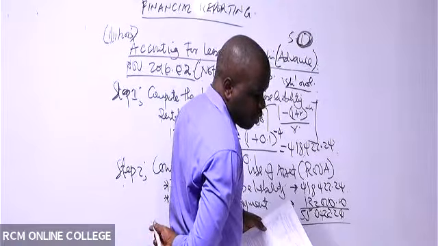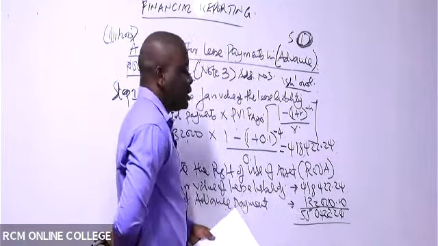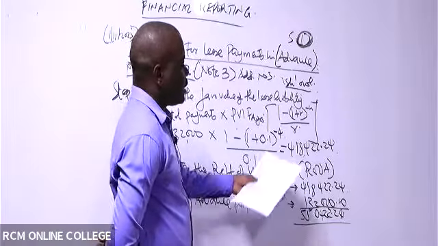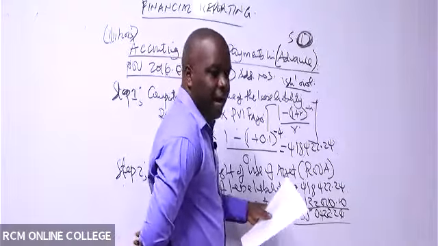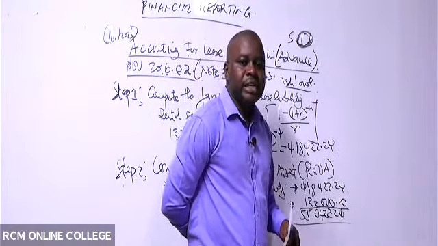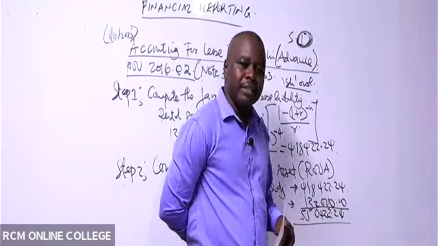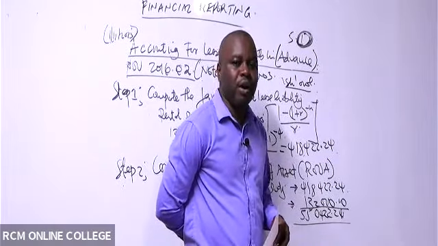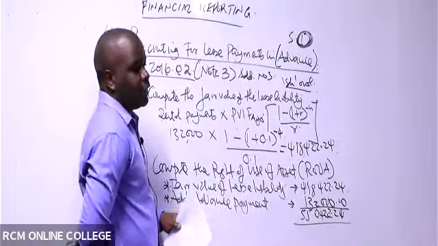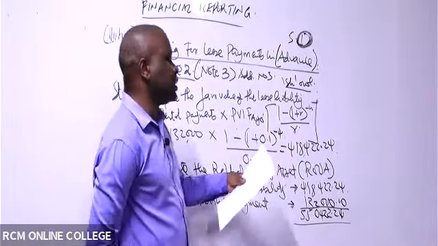If you are supposed to round it off, you don't necessarily have to round it off. Even if you round off, you shouldn't be far away from the answer. But the best way is don't round it off.